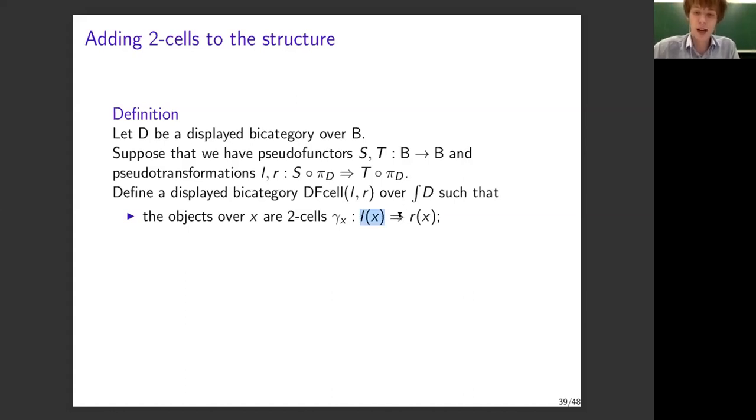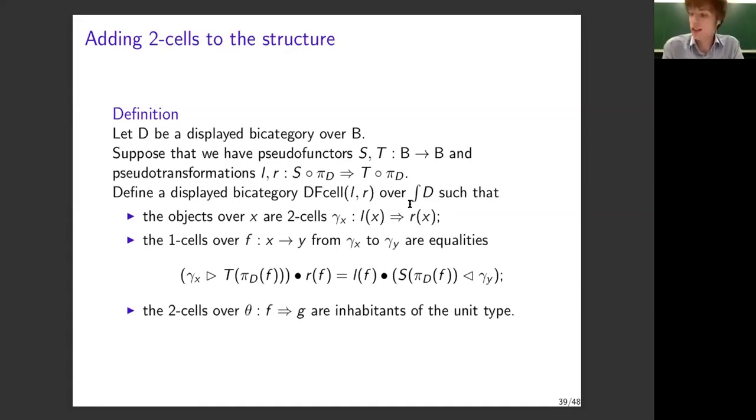Then the left and right-hand sides are functions, and this would be pointwise equalities. The displayed one-cells are a bit more complicated. This is just a coherency, and I only added this for completeness for those who want to read the slides afterwards. And the displayed two-cells are just inhabitants of the unit type.